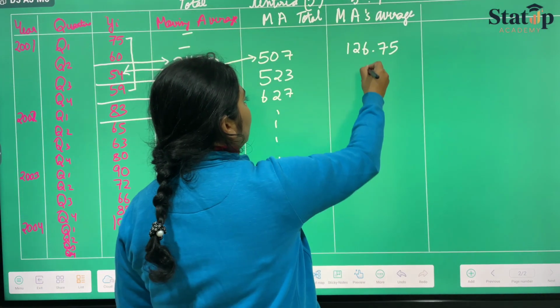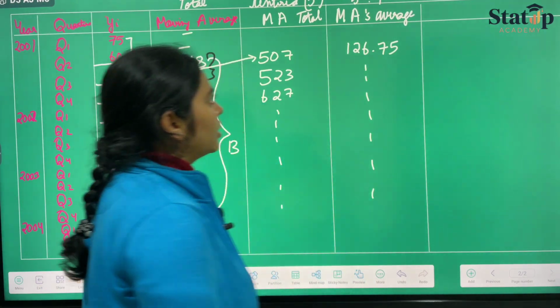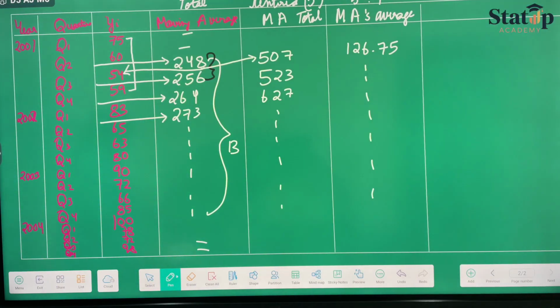And so on, we'll divide the other averages. So this is how we calculate the moving average.